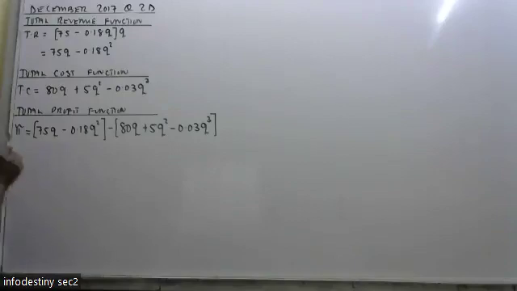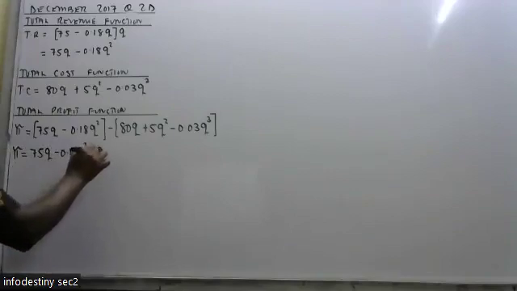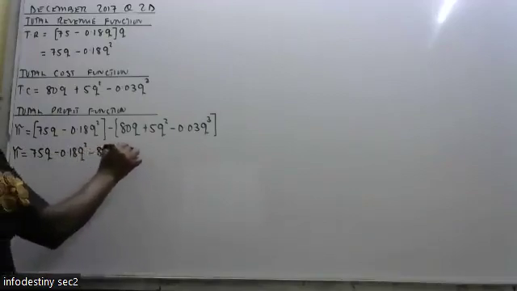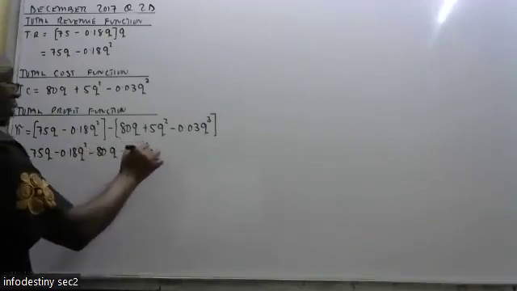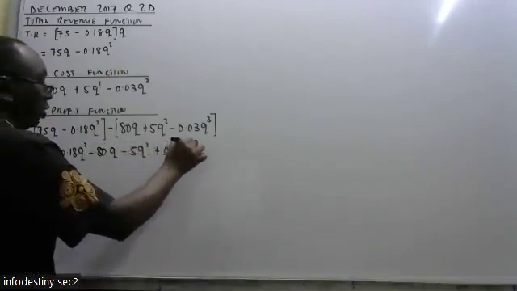So opening these brackets, we get that pi is 75Q minus 0.18Q squared minus 80Q minus 5Q squared plus 0.03Q cubed.